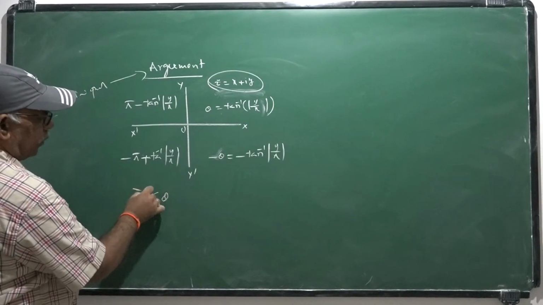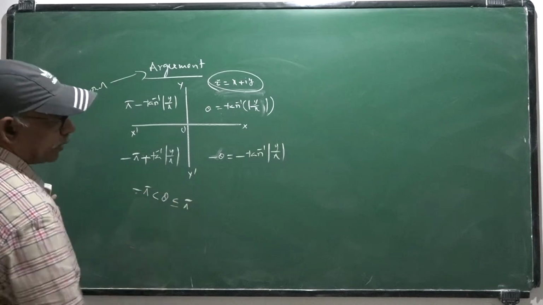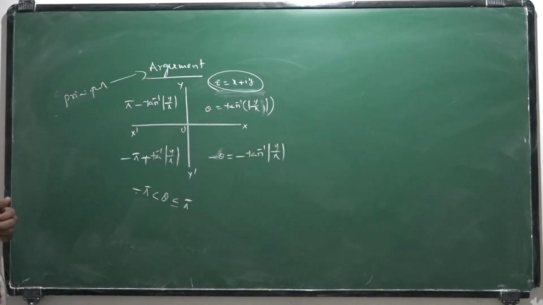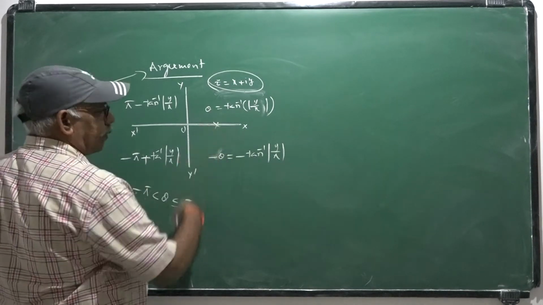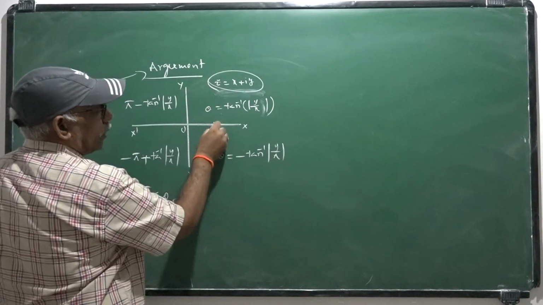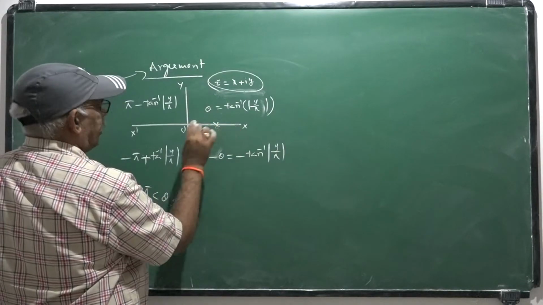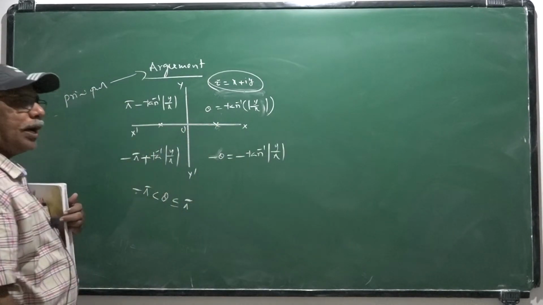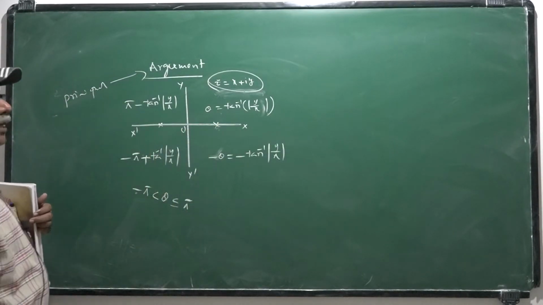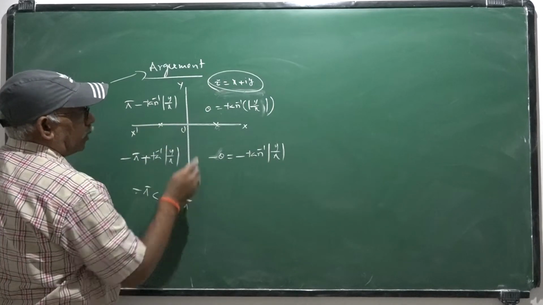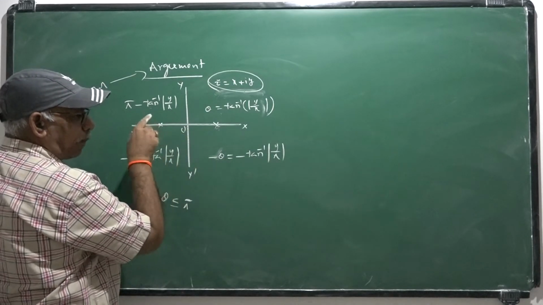The principal argument always lies between minus pi and pi. Once the complex number lies on the positive x-axis, the principal argument is 0. If the point lies on the negative real axis, the principal argument is pi.